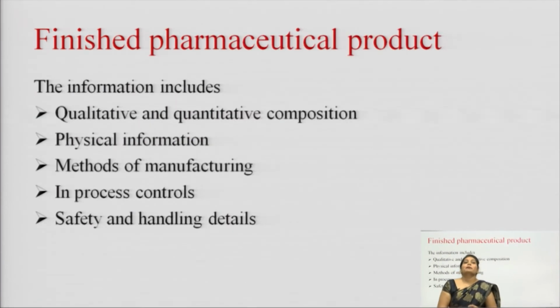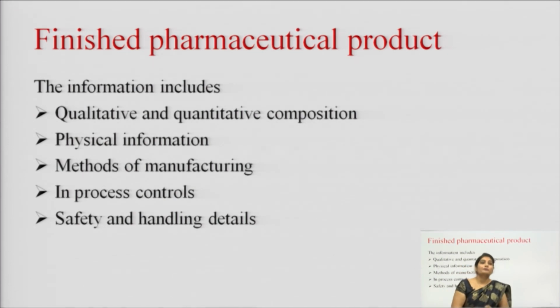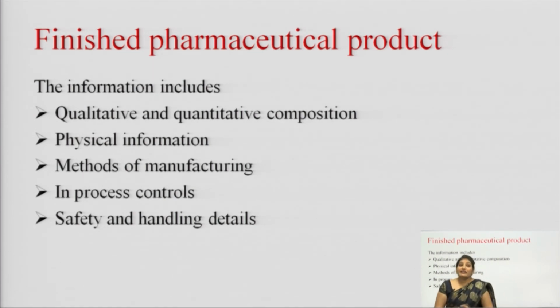Okay. Next, coming on the finished pharmaceutical product. In case of finished pharmaceutical product, the information will include the qualitative and quantitative composition. Okay. All the information related to the qualitative and quantitative composition means what are the various ingredients used in the pharmaceutical product, what is the quality of the ingredients used.